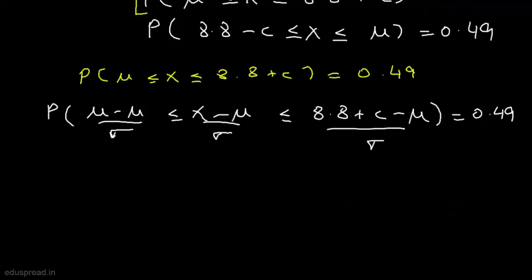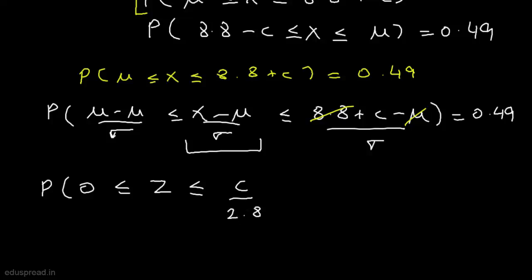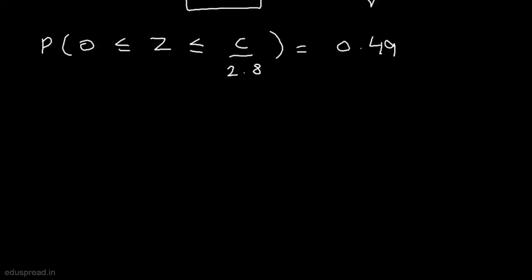So this term is 0 because mu minus mu is equal to 0, less than or equal to z, because we know that this is z. We are given in the question that mu is equal to 8.8, so these two terms will cancel, and we will have here c divided by 2.8 because sigma is equal to 2.8, and this probability is equal to 0.49. So now our problem boils down to something like this.